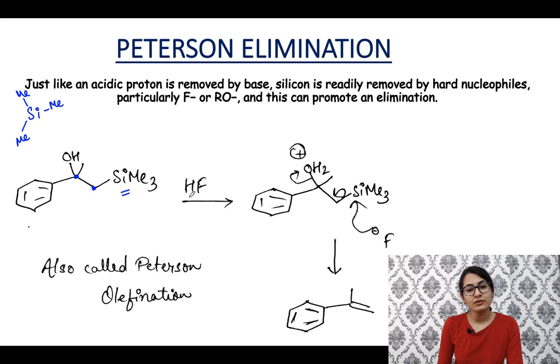Now in the presence of HF or let's say any other source of F minus, you must have very popularly heard about this TBAF. Now what is TBAF? It is tetrabutyl ammonium fluoride.